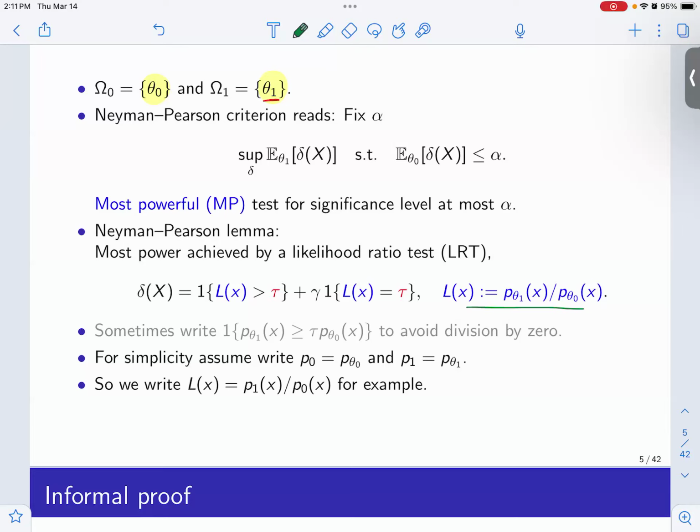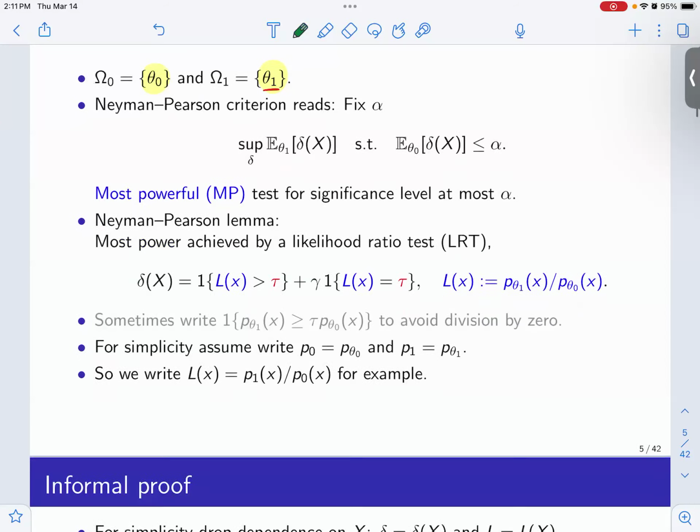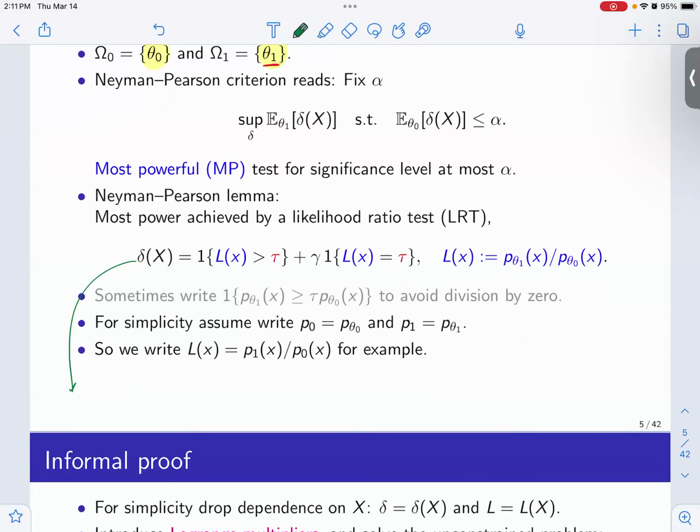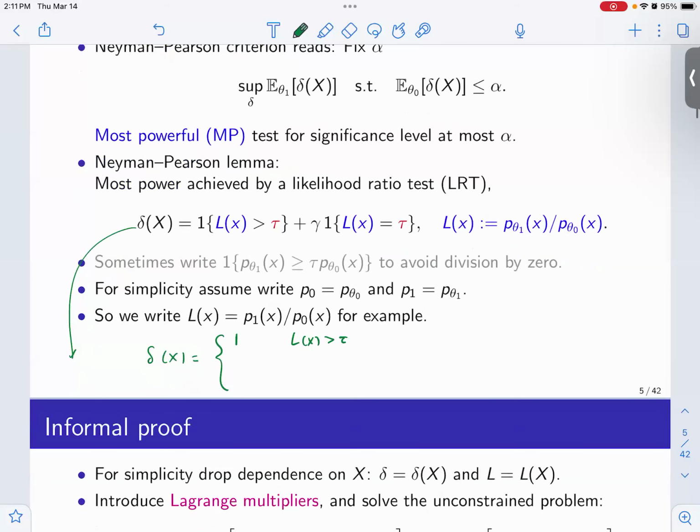And if this likelihood ratio is bigger than tau, so this expression can be written in a more readable fashion as 1 if L of x is bigger than tau, gamma if L of x is equal to tau, and 0 if L of x is less than tau.